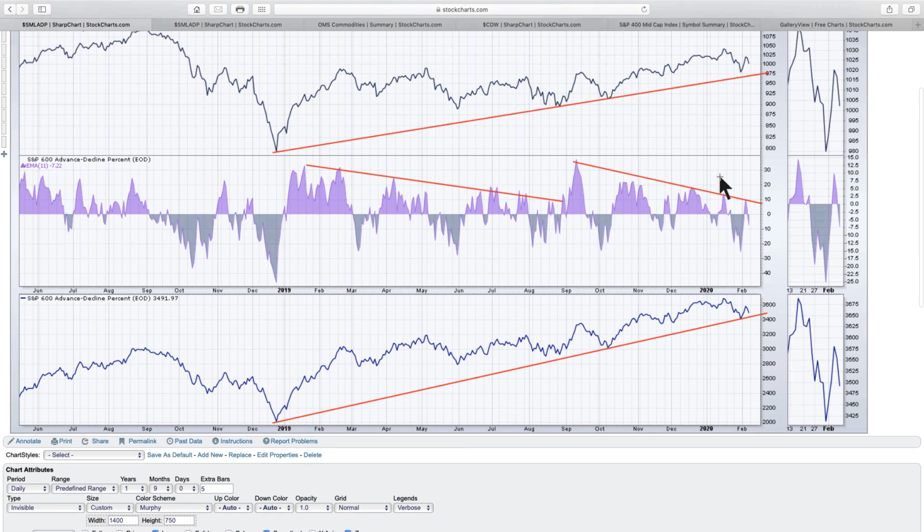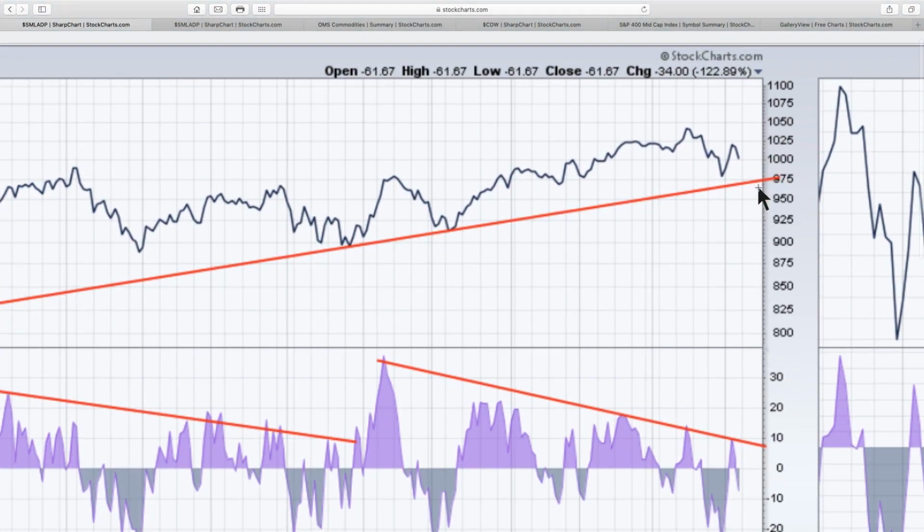And again, we're seeing this happen quite significantly, and we didn't get back up to the highs that we got to in December. So on the small caps, we had even less rally, and then on the mid caps, we had a rally back up to the same levels.